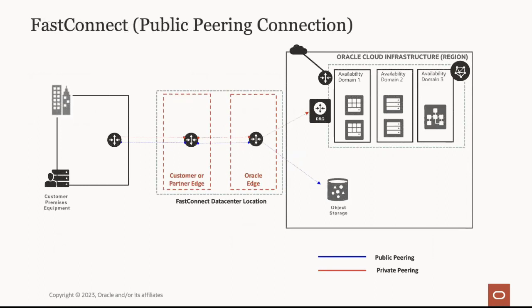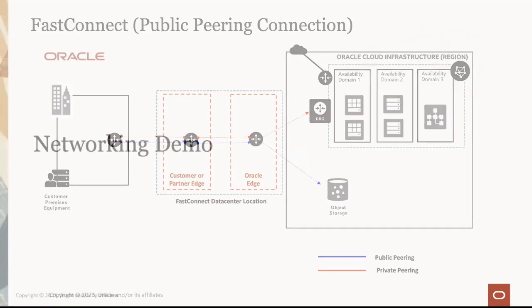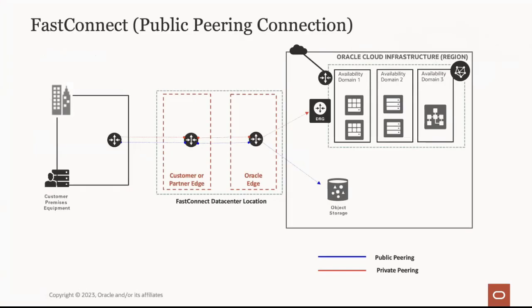Before I jump into the demo, FastConnect also provides more options, whether it's public peering, connecting from your on-prem data center to the public services in OCI, or private peering, where you are connecting from your on-prem data center to your VCN in OCI.